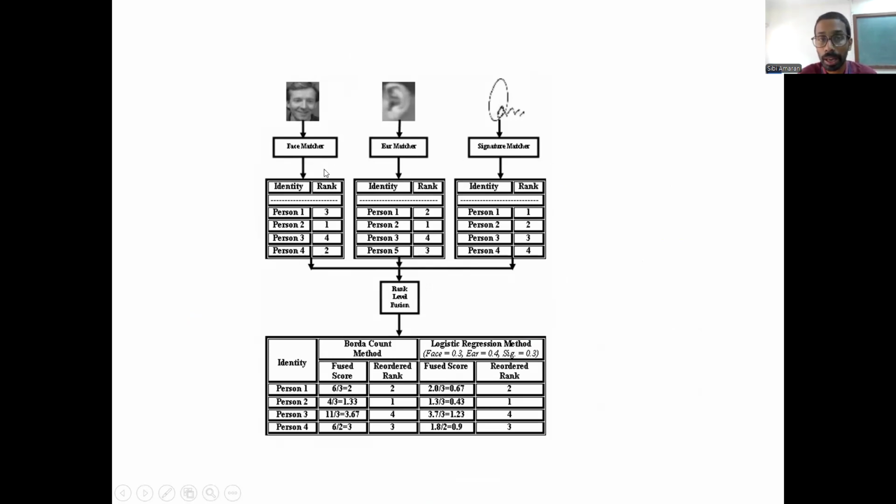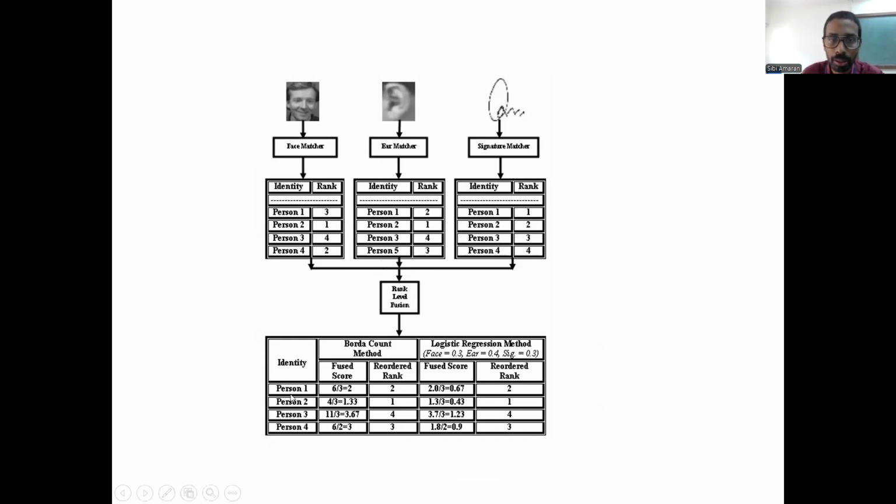For person four, I'm going to use only two traits, face as well as signature. For person 5, I'm not going to use multiple biometrics; I'm going to use a unimodal. If I use a unimodal, we cannot find the Borda count as well as the logistic regression. We can find the Borda count and logistic regression only for multiple biometrics.